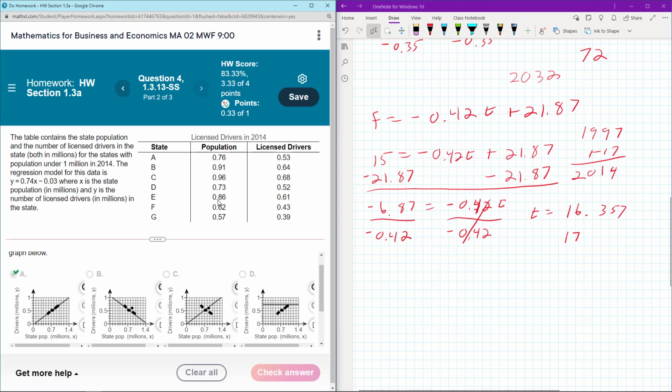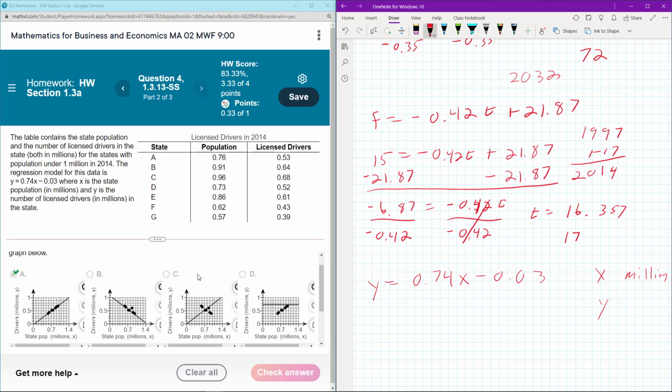Okay, so once again, remember, we have the model y is equal to 0.74x minus 0.03. x is in millions, and so is y.